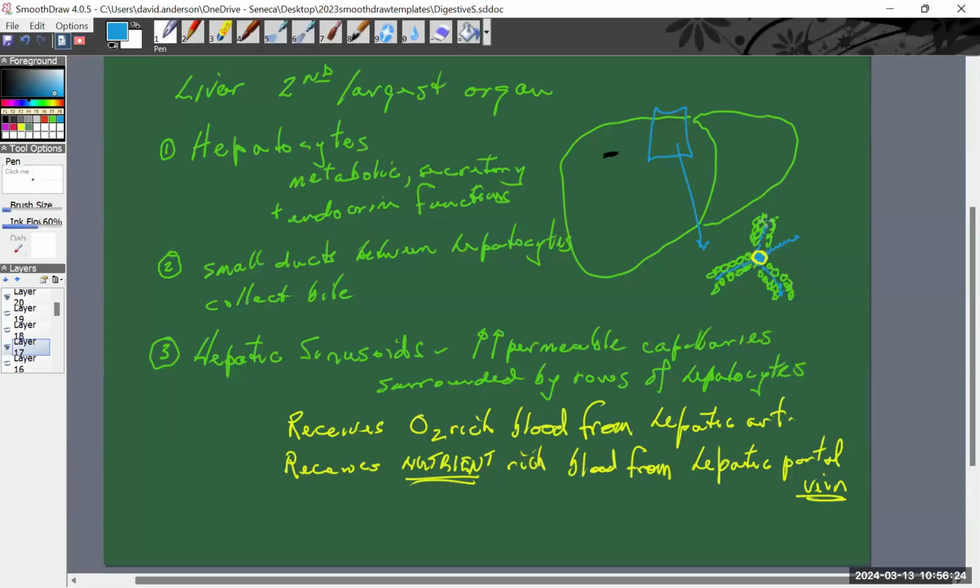Nutrient-rich venous blood with the sinusoidal capillaries and the cells lined up all around them makes for easy absorption of those nutrients. So our monosaccharides and our fatty acids and our amino acids are going to be readily distributed to the hepatocytes. So the hepatocytes can perform their metabolic, secretory, and endocrine functions. They've got the building blocks. They got first option, first pass at this location.